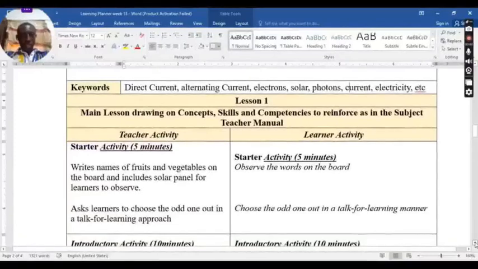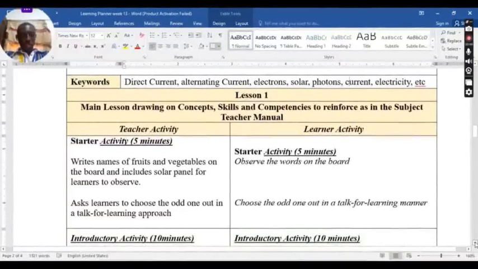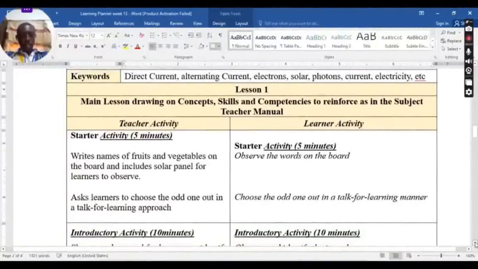Alright, now another key part of the learning planner is how you carry out the lessons. So let's look at lesson 1. In the soft copy format, it is divided into lesson 1 and lesson 2.